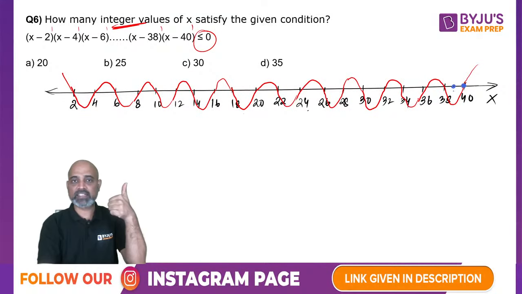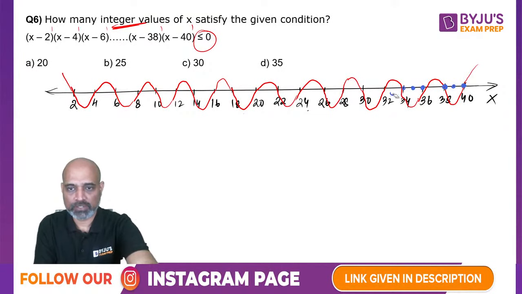At 39 it is below the x-axis, 2 values. 38, 3 values. At 37 it is above, can't take 37. 36 fourth. 35 fifth. 34th sixth. 33rd is above, so can't take these, right?